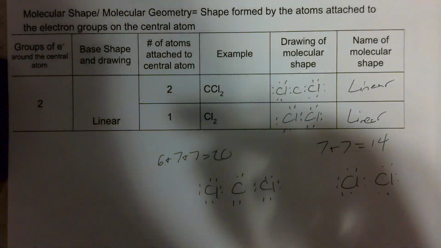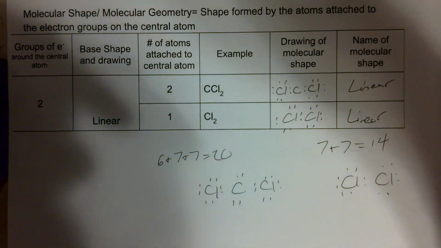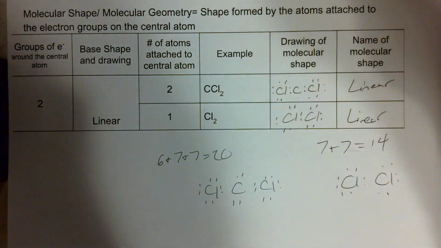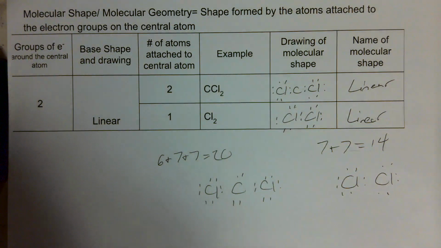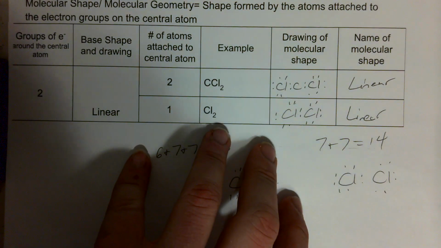When I see you, I have some models that we're going to use to help us see these different shapes. It's kind of hard to do on just a recording, but that's what I want you to focus on. So I want you to tackle that first.